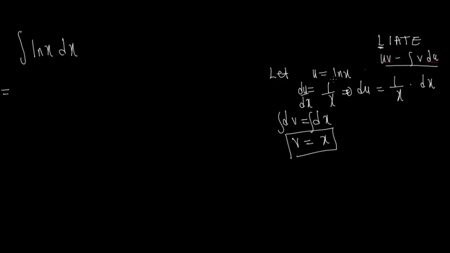Our u will be ln x, and our v will be equal to x, which is here, minus the integral. What's v? v is x. So du will be equal to 1 over x dx.